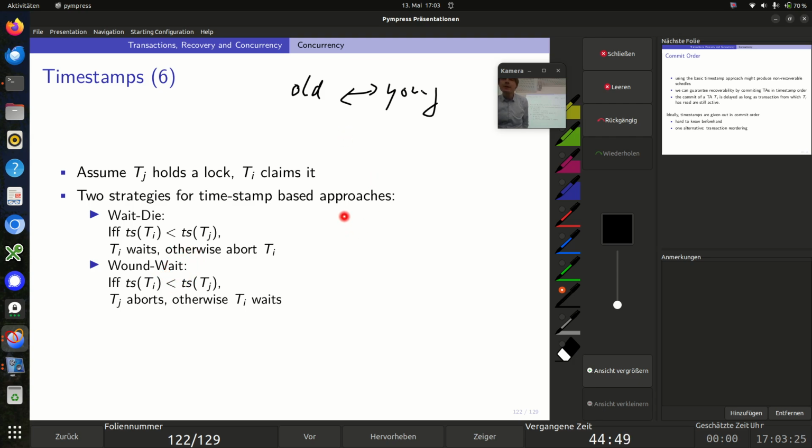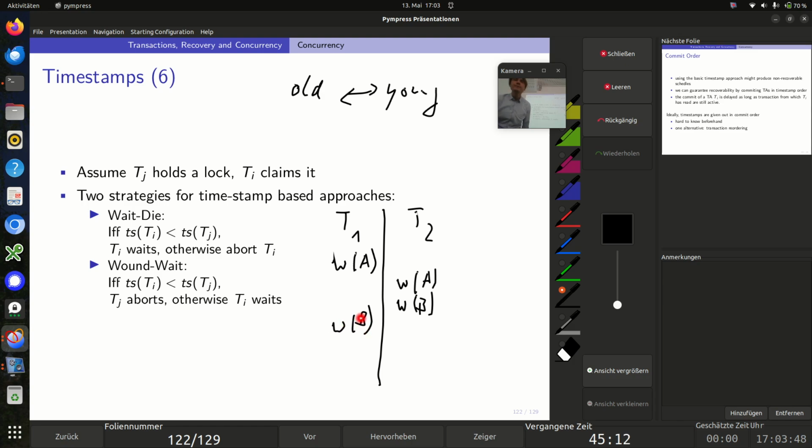So for example, if we have two transactions, T1 and T2, and maybe we have a write of A, and here we have a write of A, and we have a write of B, and then a write of B, so we still have a deadlock. So what would happen? On the first strategy, wait die, it depends.